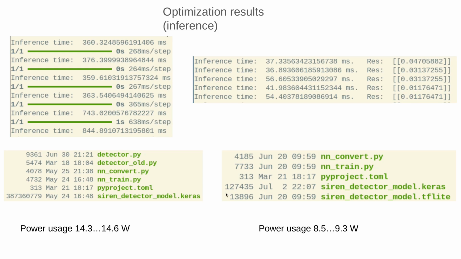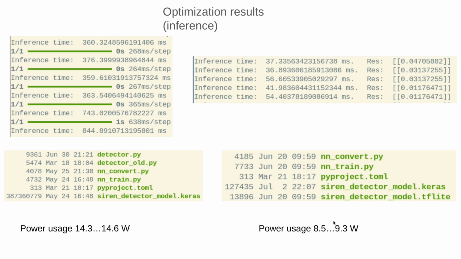And the TensorFlow Lite model is only about 14 kilobytes, and this means that we can try to fit it in a microcontroller. We maybe don't need a normal PC with Linux, and this will be the theme for some of my next videos. And as you can see, power usage significantly dropped.